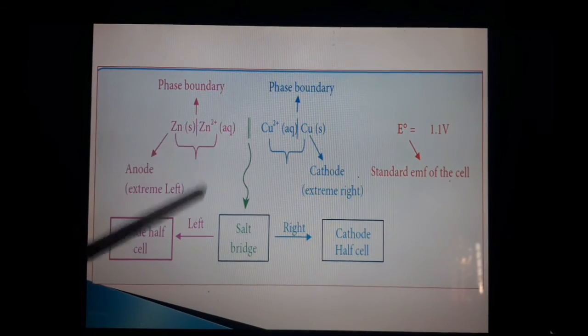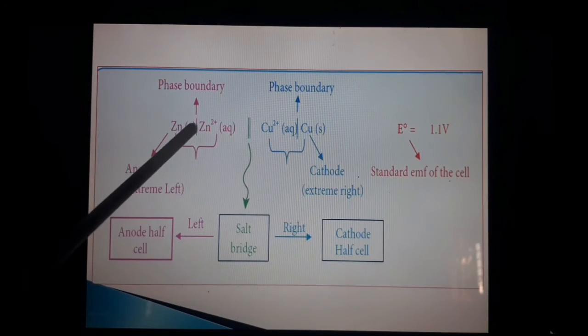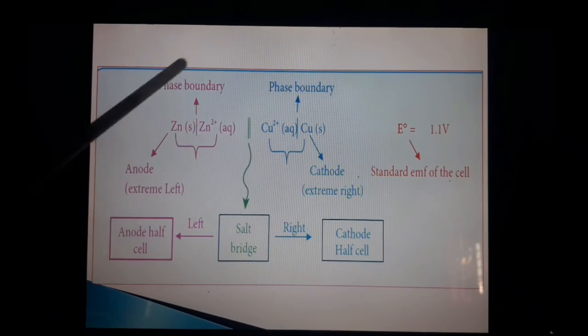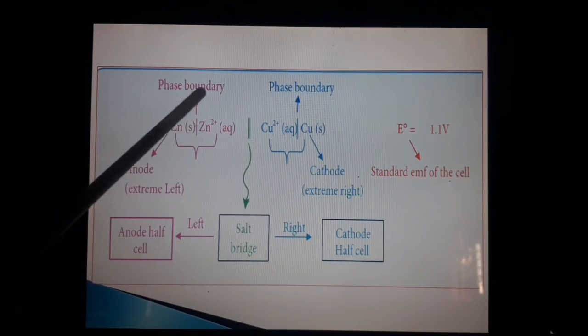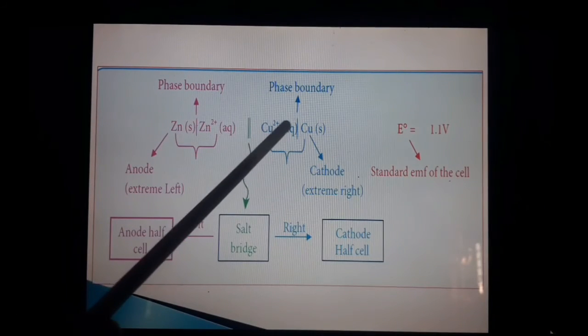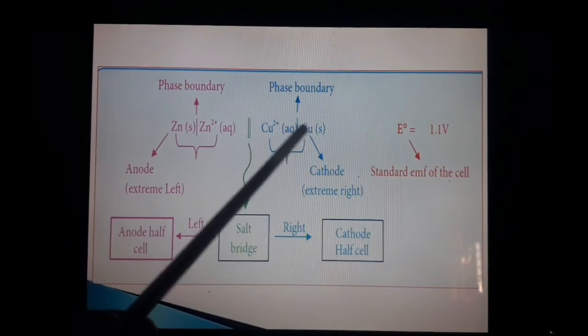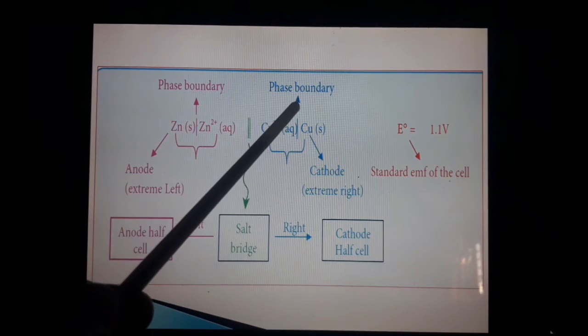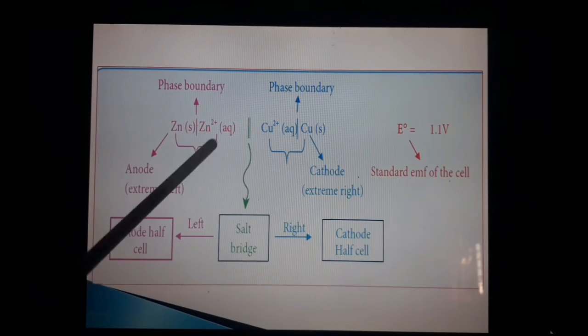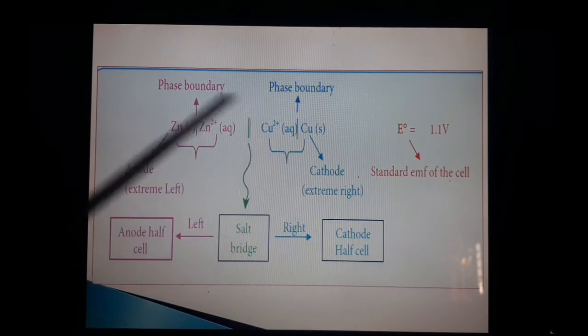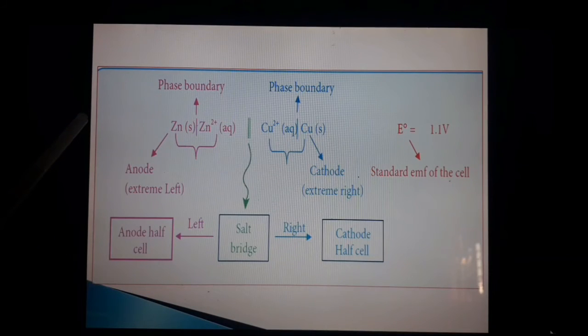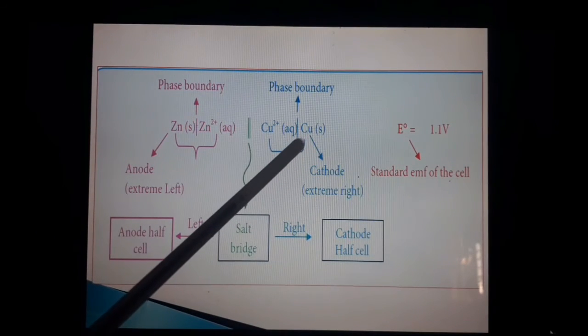Another way of representation: Zn(s) | Zn2+(aq) || Cu2+(aq) | Cu(s). The single slash is the phase boundary. This is the anode part, and this is the cathode part. The left side is the anode part and the right side is the cathode part.